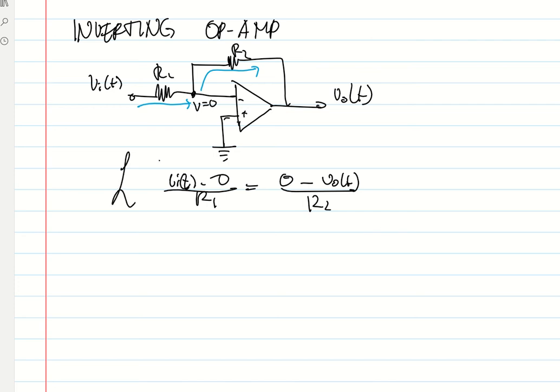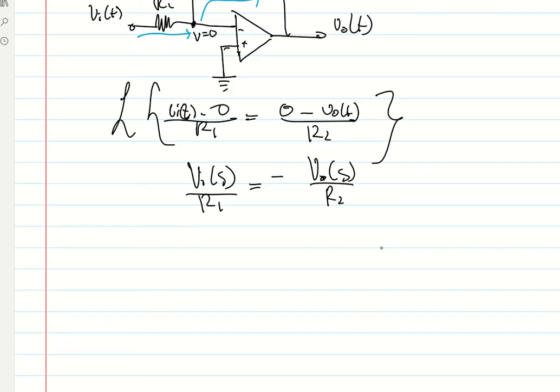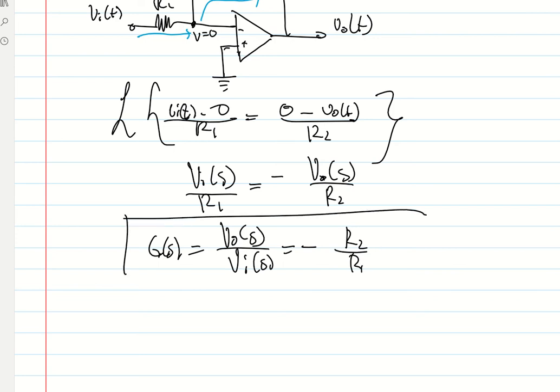Taking the Laplace, we have V in all over R1 equals negative V out all over R2. So G of S, or V out over V in, is now equal to negative R2 over R1. So this is the transfer function of an inverting op-amp. It's negative because the op-amp is inverting.